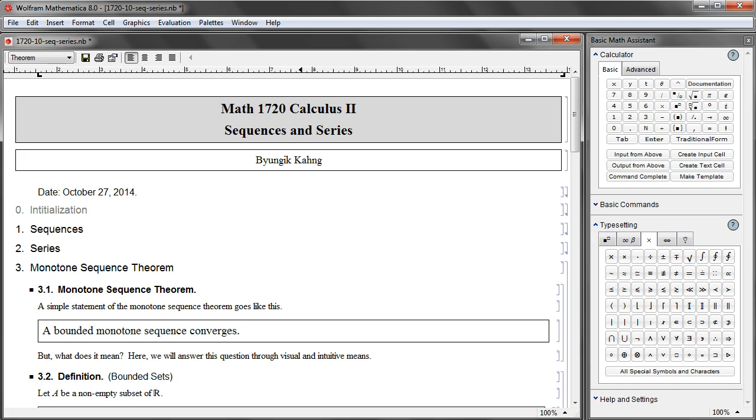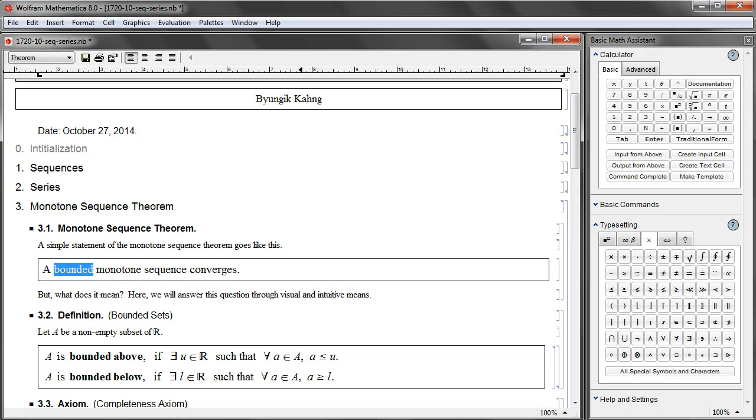Well, let's begin with the concept of boundedness. We say a certain non-empty subset of the set of real number is bounded above if there exists a certain real number u, which we call an upper bound, such that every element of that set A is less than or equal to that u.